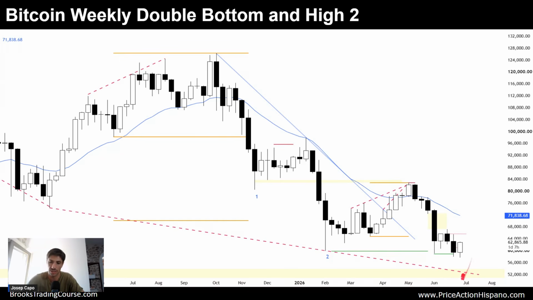So I think that this high 2 has enough good context to be bought. I think it has enough probability to be profitable in the long term if traders manage their trade properly and go for the minimum 2-to-1 reward to risk target.